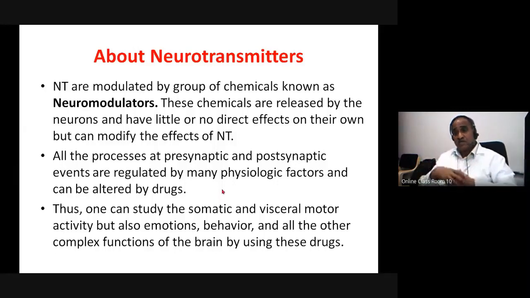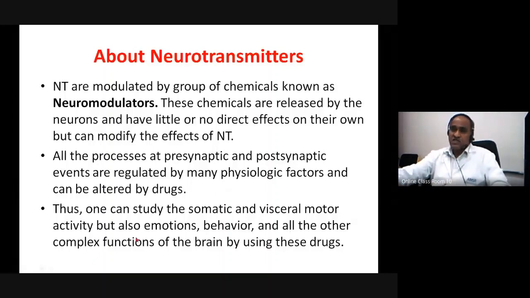The emotion may be positive or negative. If you get depressed, that's an emotion. If you get joy, it's an emotion. If you get angry, that's an emotion. So all these emotions are associated with neurotransmitter release.